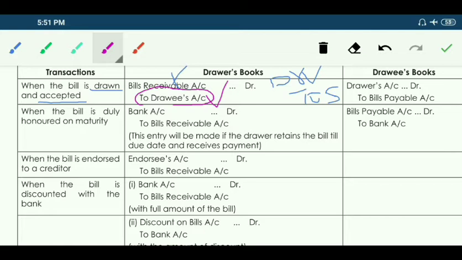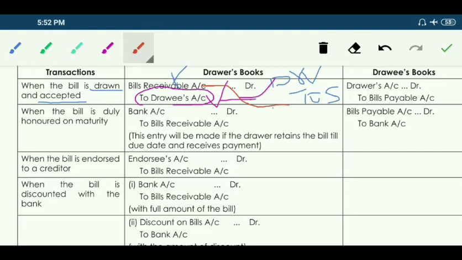To cancel the debtor account, we credit the drawee's account. To cancel the sales account, we debit the bills receivable account. This is the double entry system of accounting, so every debit has a corresponding credit.